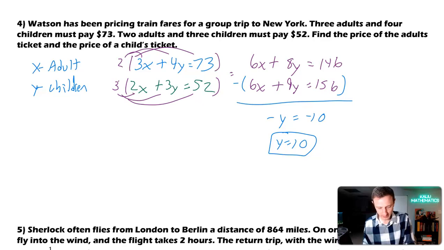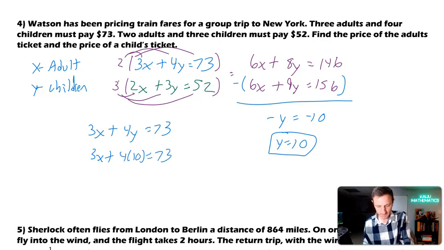Let's go ahead and get x, substitute it pretty much into anywhere. I'm just going to go with the blue line at the top there. So 3x plus 4y equals 73. I'm going to substitute in 10. So 3x plus 4 times 10 equals 73. So 3x plus 40 equals 73. So 3x equals 33.